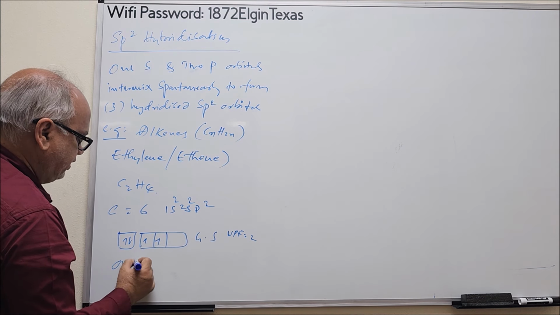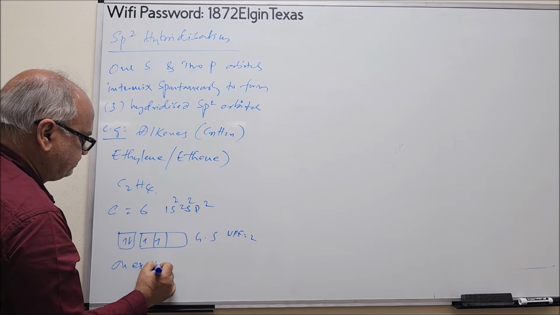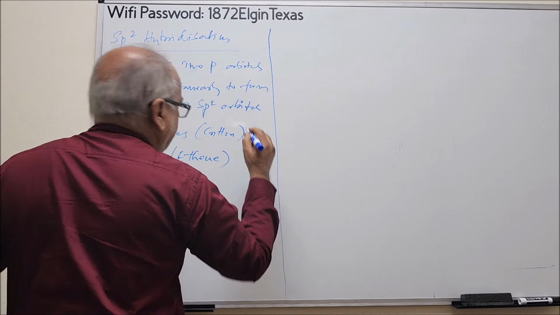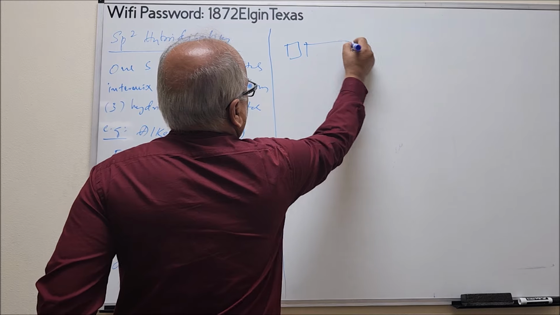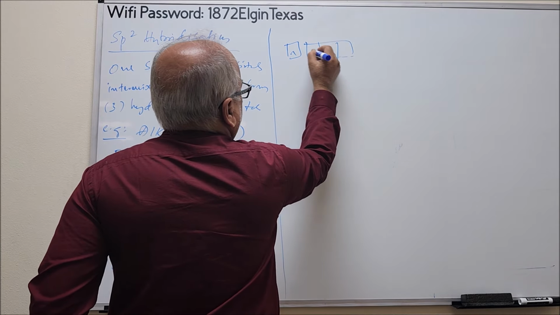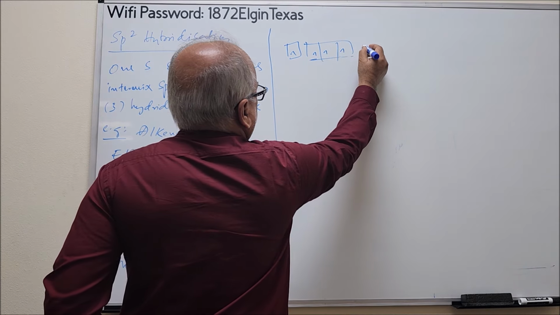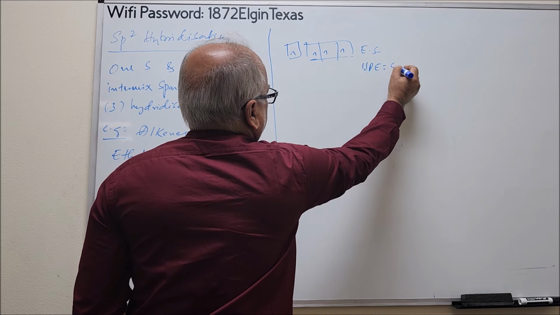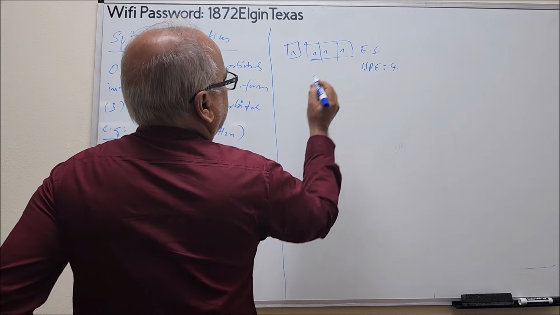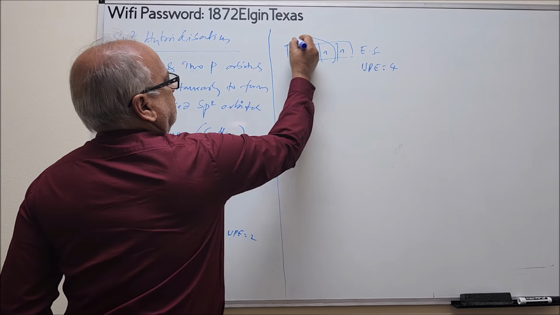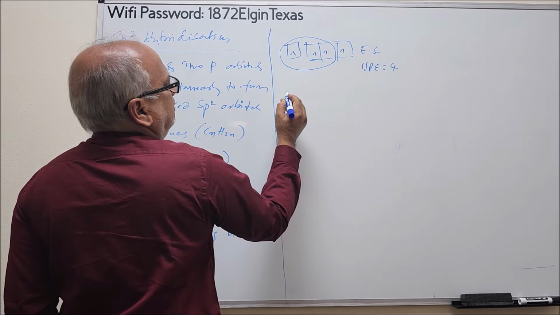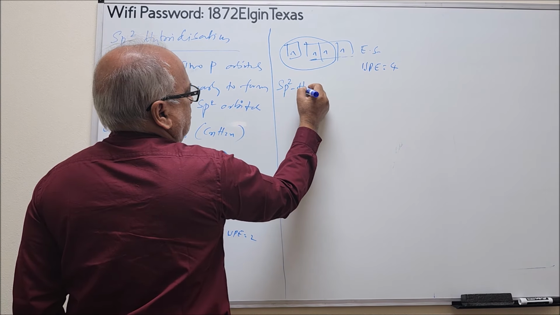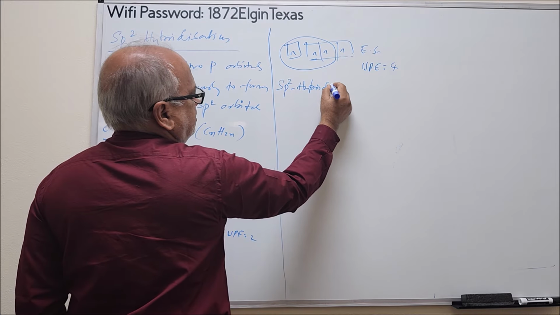Now on excitation, we find 4 unpaired electrons. This is the excited state, UPE is equal to 4. The hybridization here involves s and p orbitals only. This is SP2 hybridization.